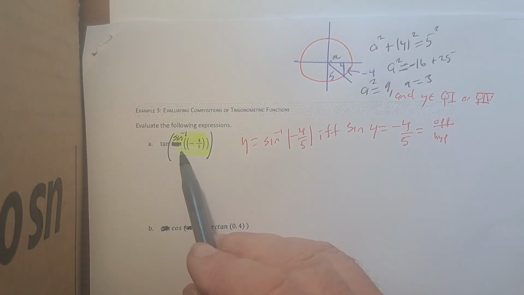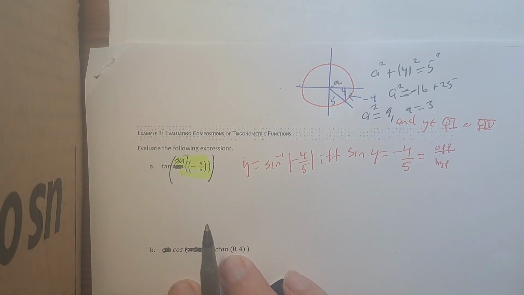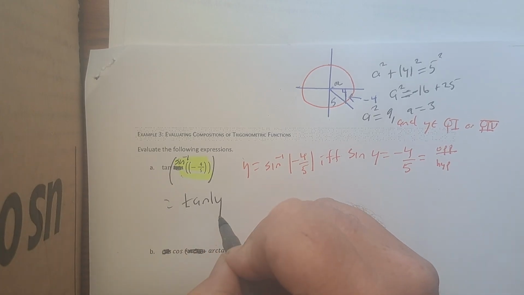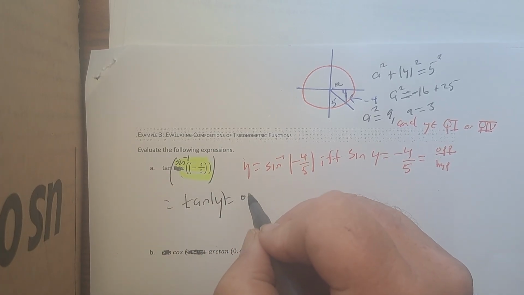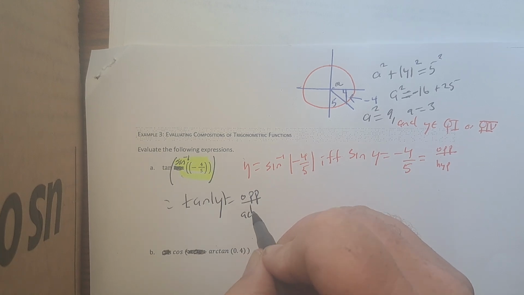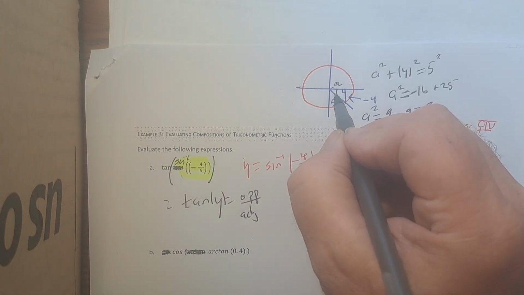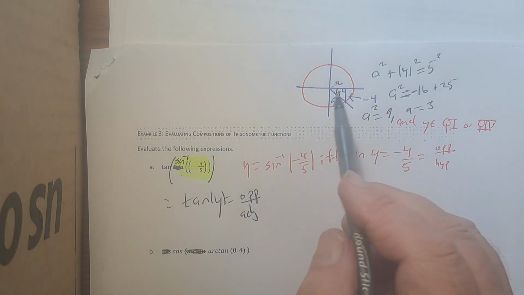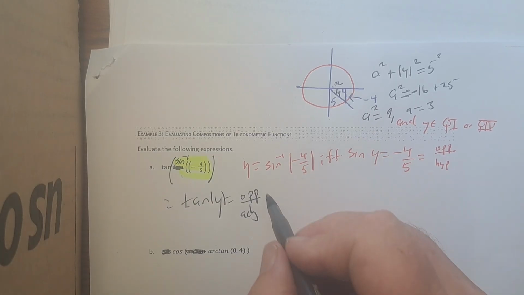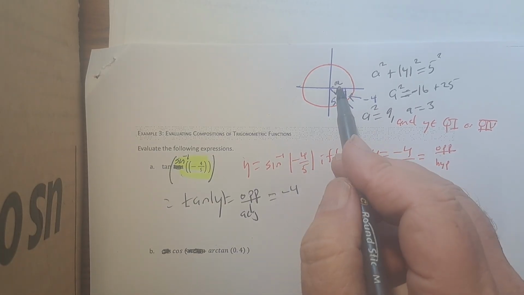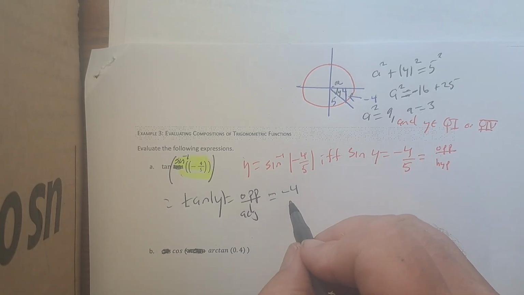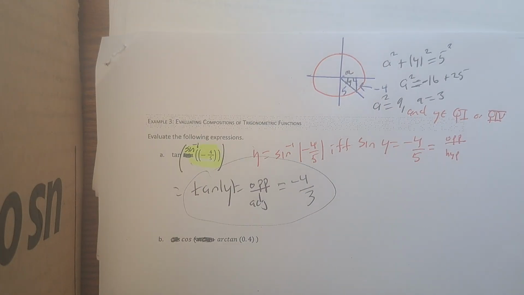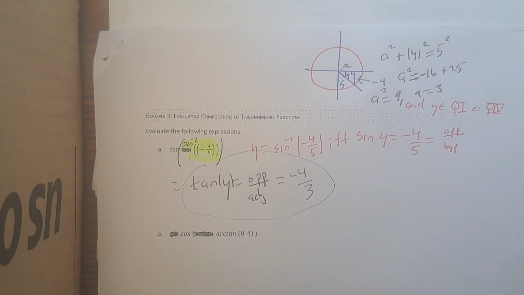So I now want to take the tangent of y, and tangent is opposite divided by adjacent. Here's my y. That's the angle there. And in the picture, the opposite side is -4, and the adjacent side we just worked out was 3. Okay, so there's a little bit more practice. All right, and now let's go on to this one.